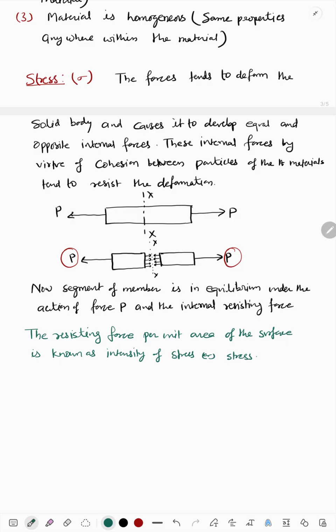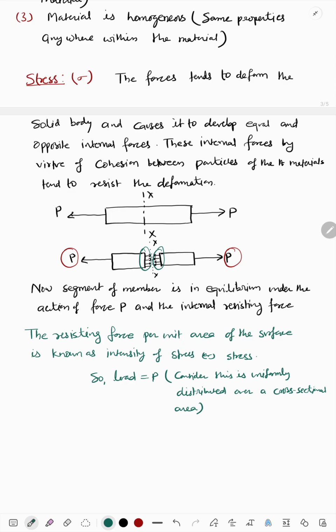So how can we write this? Suppose the load is equal to P, and consider this load is uniformly distributed over the cross sectional area.